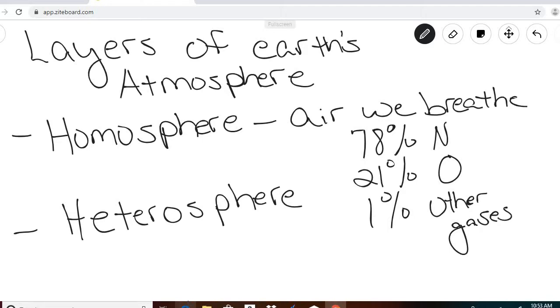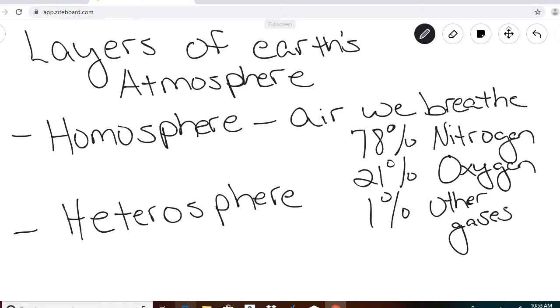So it doesn't matter where you go in the homosphere, the air that you breathe will always be 78% nitrogen, 21% oxygen, and 1% other gases.